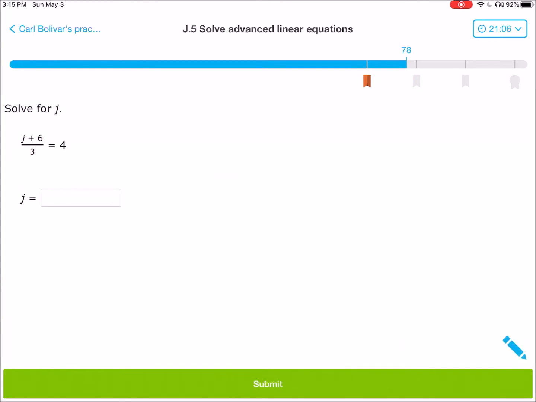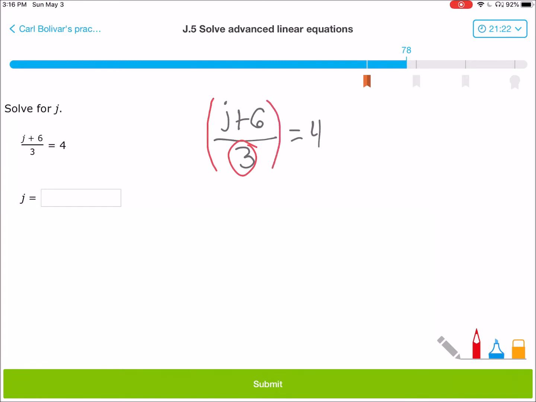Amazing. Alright, next one. We will solve this one. J plus 6 over 3 is equal to 4. Now what I would do first is try to take out this 3. So I am going to multiply by 3 on each side.